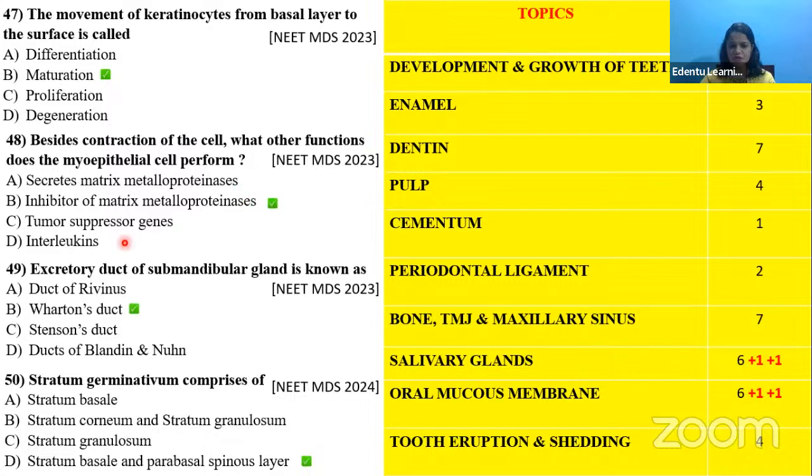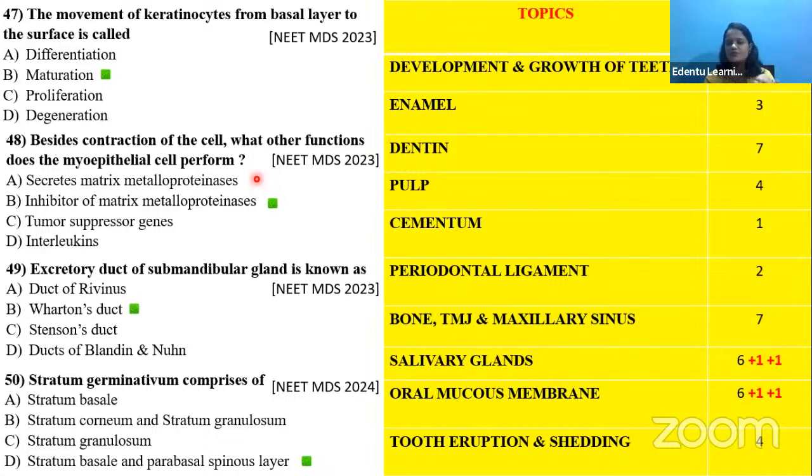Besides contraction of the cell, what other functions does the myoepithelial cell perform? Myoepithelial cells are basket cells, also called cradle cells. If this is the acini, the myoepithelial cells will be like this, a half-moon shaped cradle, or you can see it like a basket, covering the acini. Like the name suggests, it has muscle property and epithelial property, that's why it's called a myoepithelial cell.